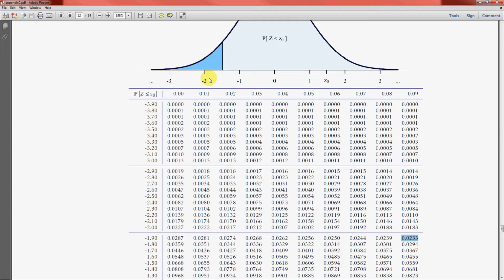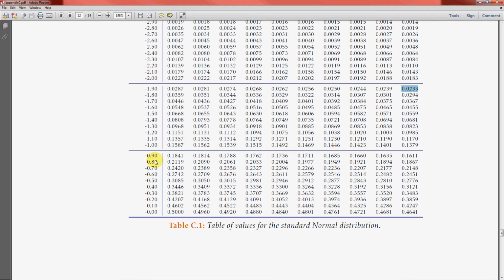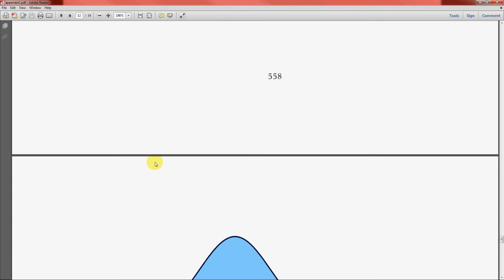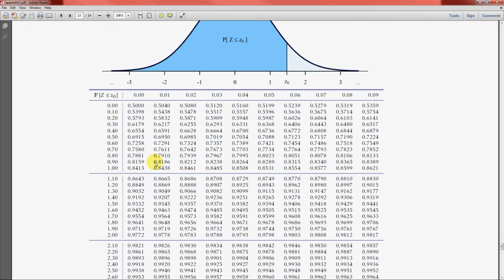Another example. Say that we want to find the probability corresponding to 1.11. Make them easy numbers. So we'll look for 1.1 along the left side and 0.01 along the top. Here's 0.01. It's the second column, and that's also very typical. So we're looking for 1.1 along the left side. Going down, there we go, 1.1.